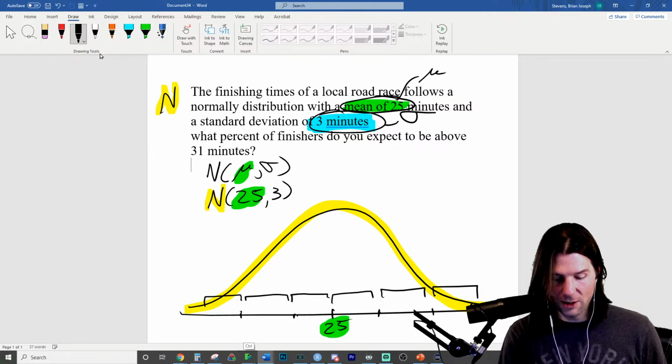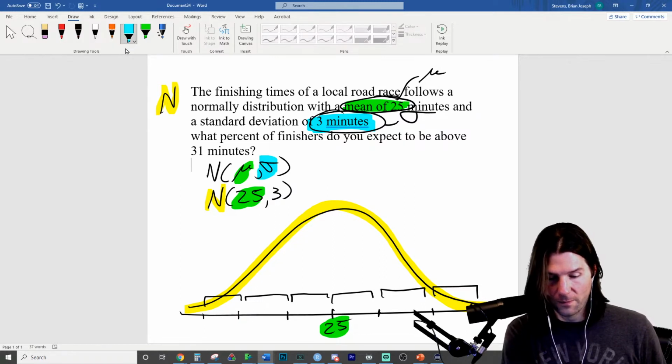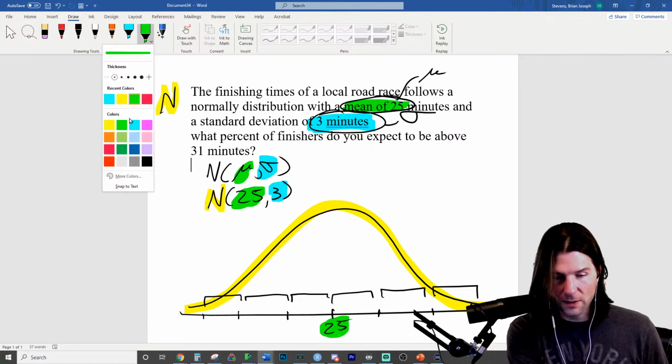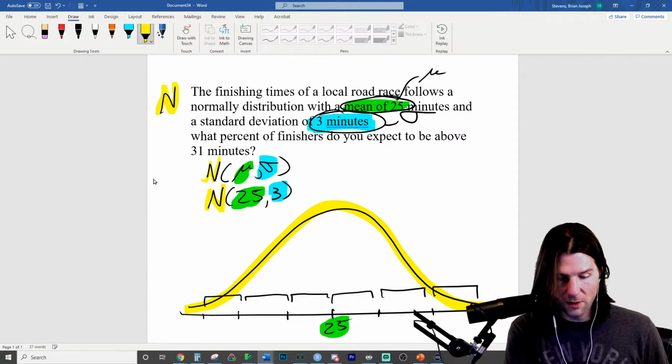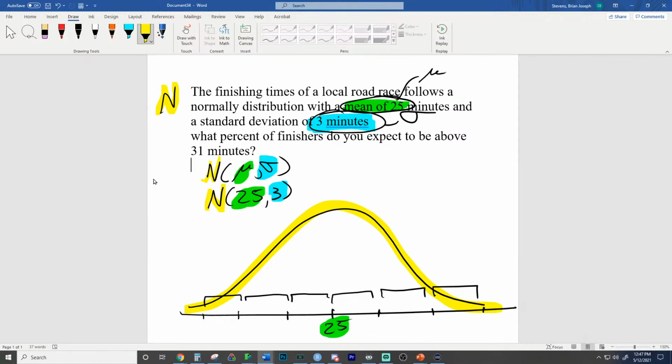So the standard deviation is the units that this goes up and down each time we move one standard deviation. So the standard deviation here is 3. So you just go up and down 3 each time.